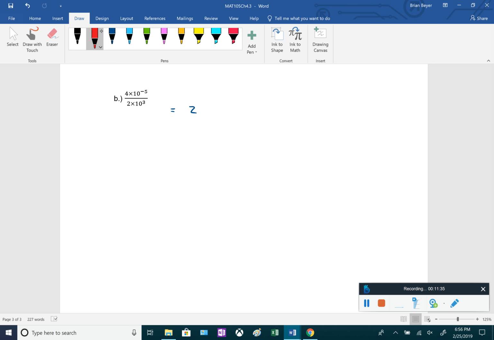Make a little note that that's what I did here. And then it's going to be 2 times 10. So we subtract the exponents. Negative 5 minus 3. So this is 2 times 10 to the negative 8. So that one's actually done. The 2 is a single digit number, so we're done. We don't have to adjust it at all.